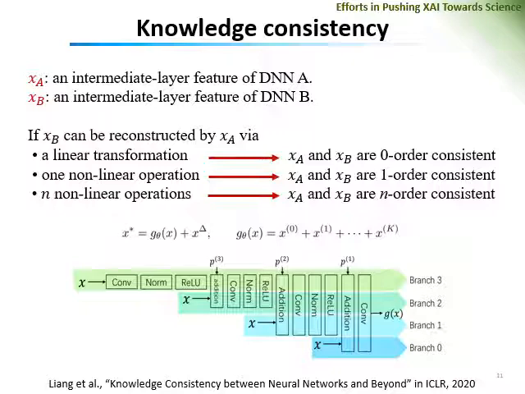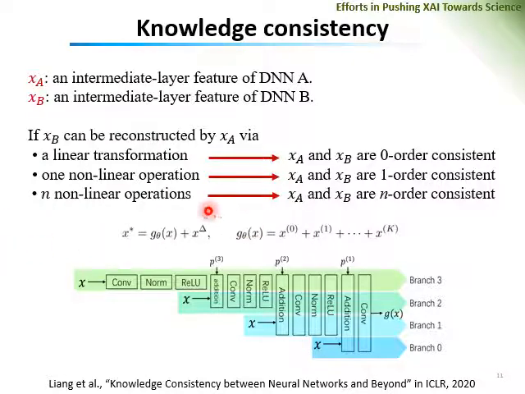In this way, we can decompose Xb into k+2 components, including the zero-order consistent feature component, the first-order consistent feature component, the kth-order consistent feature component, and X delta.